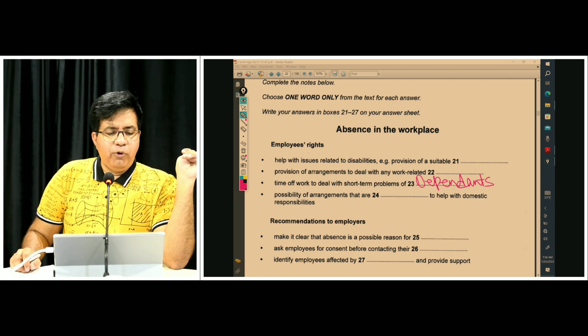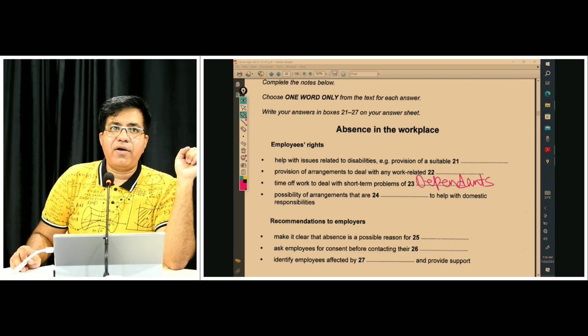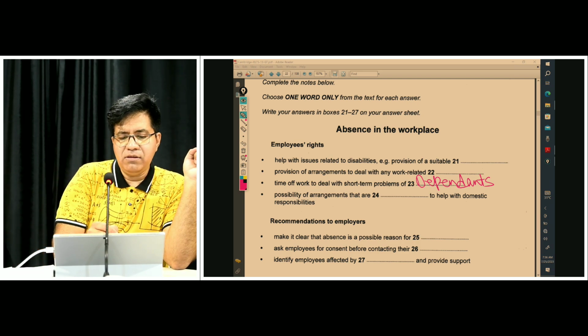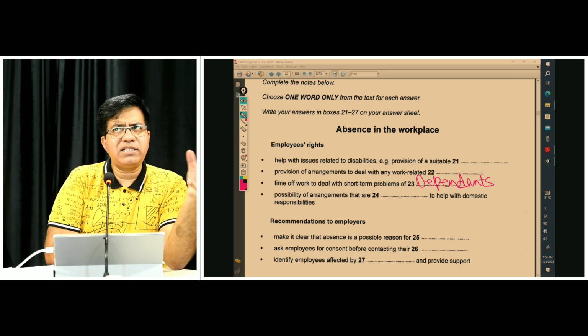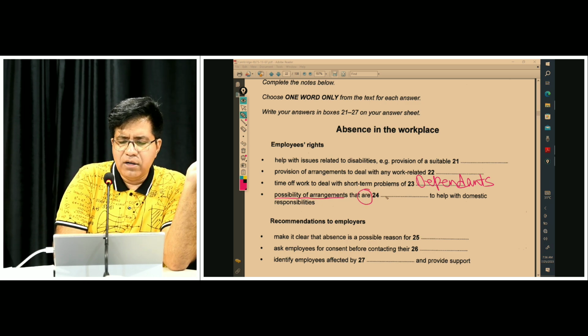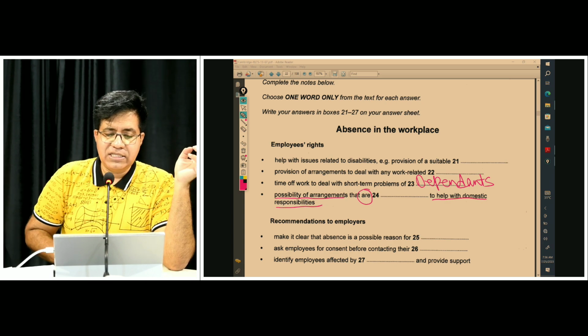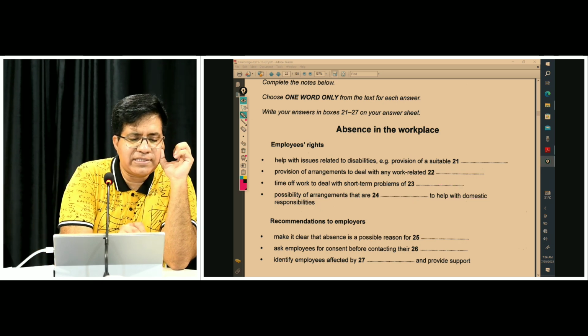Alright, question number 24. Possibility of arrangements that are. Answer should be no, because arrangements is already plural. So that are something. Possibility of arrangements that are dash to help with domestic responsibilities. Now, domestic responsibilities. Let's go back to the same paragraph.